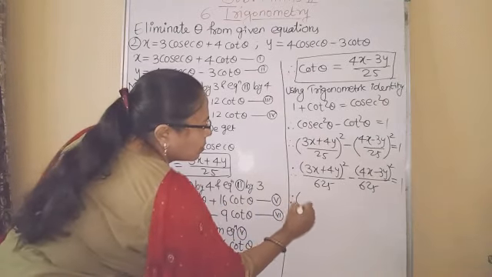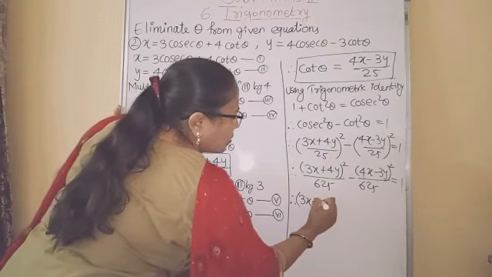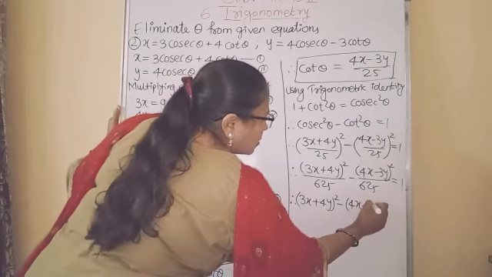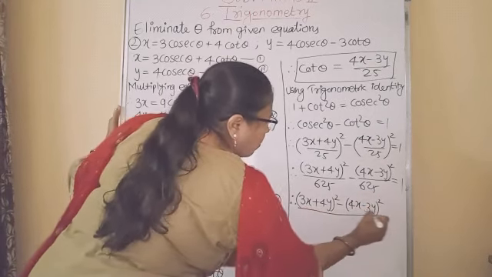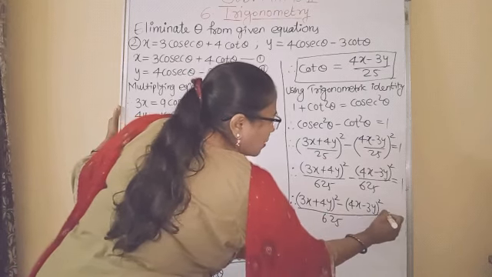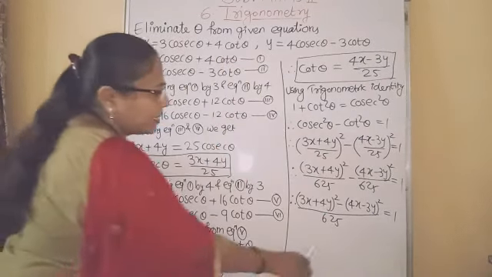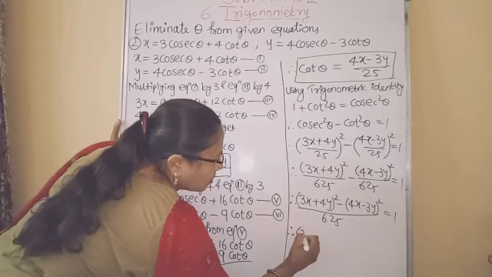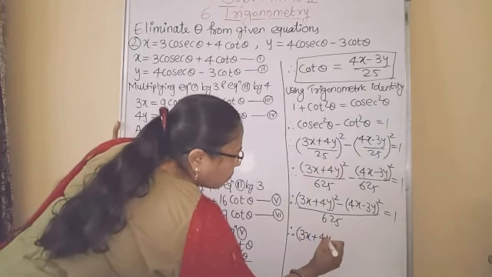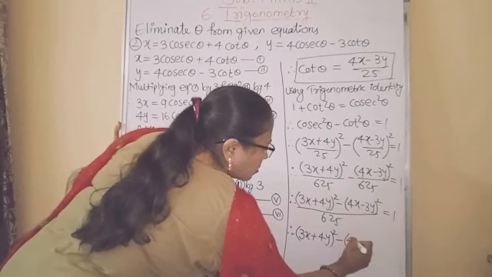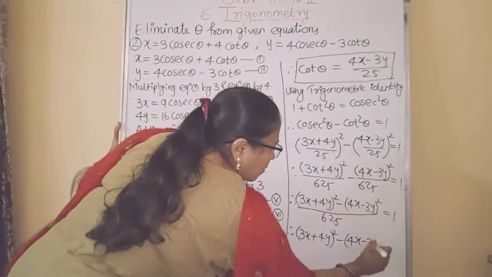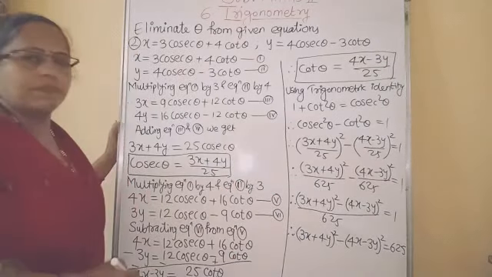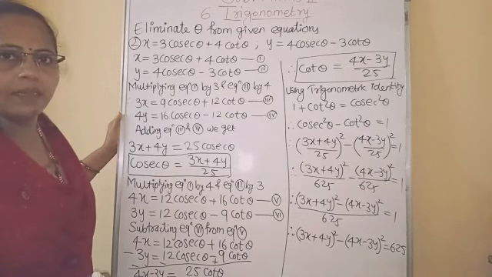Here we will get (3x plus 4y) bracket square minus (4x minus 3y) bracket square upon 625 is equal to 1. And then we will take this 625 to this side. So we will get the final answer: (3x plus 4y) bracket square minus (4x minus 3y) bracket square is equal to 625. So this way we eliminated theta.